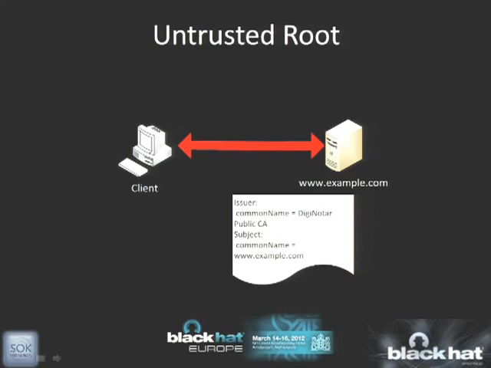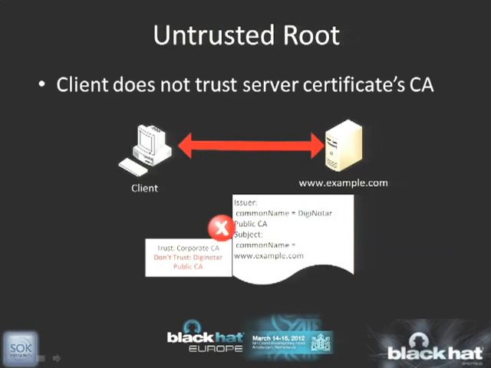The browser manufacturers responded by revoking trust in DigiNotar's root. So here we have a representation of the client's root trust store. Highlighted in red there, we see DigiNotar's public CA is not trusted. So the client, as a result, doesn't trust that server certificate CA. It doesn't trust that certificate.